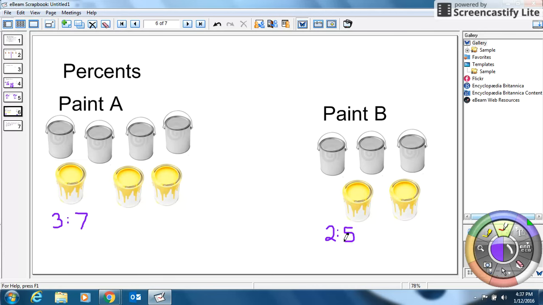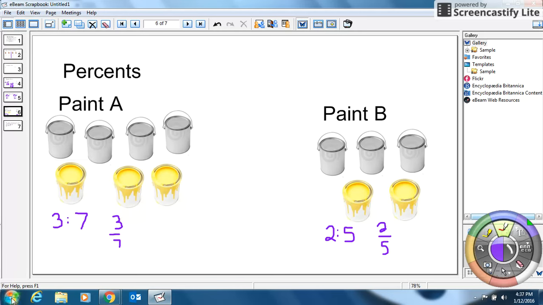So remember, how can we figure out a percentage from this ratio? Well, this is one way to write a ratio, 3 to 7. Or I can write it in its fraction form, 3 over 7. And over here, it would be 2 over 5. Okay, well, now that I have it as a fraction, it's very easy to determine a percent.